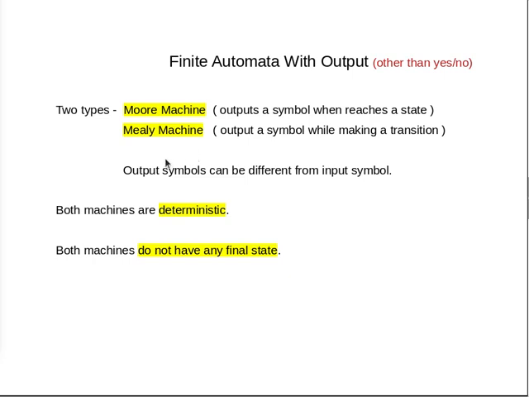So we already have symbols for input, right? The set of those symbols is called the input alphabet. We used sigma for that.